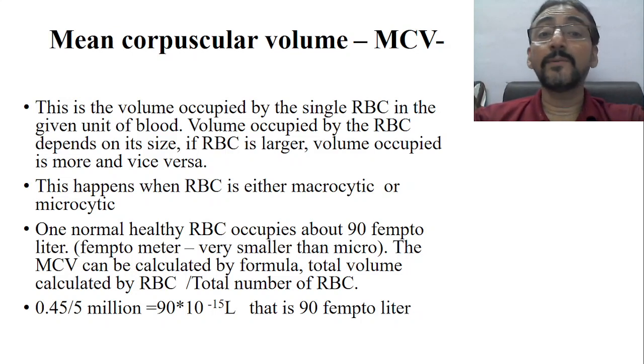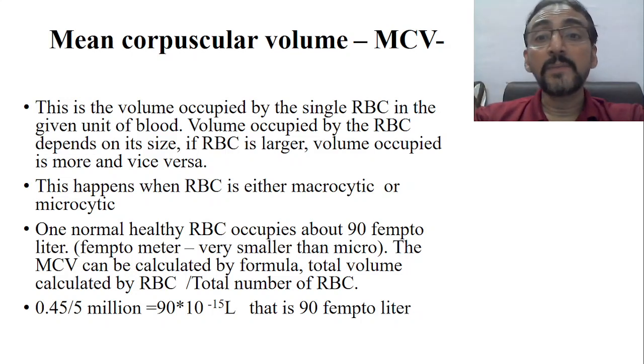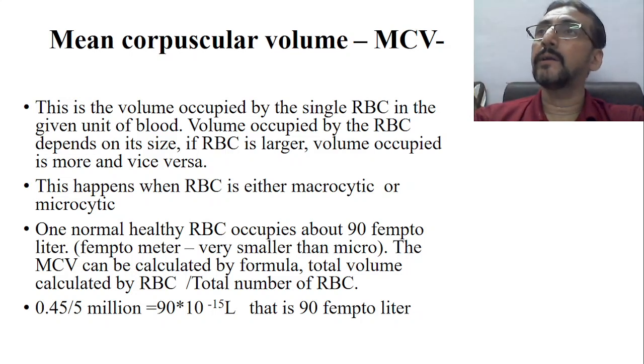Okay, so this is the volume occupied by the single RBC in the given unit of the blood. The volume occupied by the RBC obviously depends on the size, है ना. तो जो वॉल्यूम है, अगर आरबीसी का साइज बड़ा है तो ज़्यादा वॉल्यूम ऑक्यूपाई करेगा, आरबीसी का साइज छोटा है तो कम वॉल्यूम ऑक्यूपाई करेगा. ओके, एंड वाइस वर्सा.